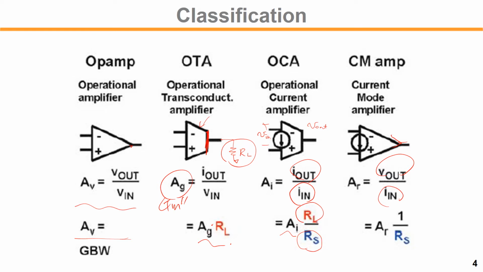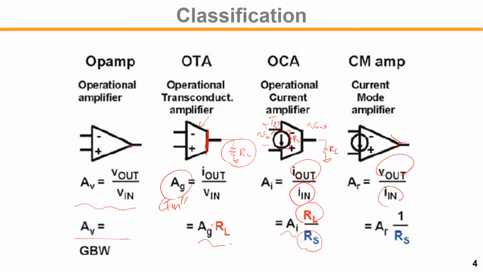To find that, we need the RL condition and also the input RS, load RS resistor, right? So if we know the I in, then we can find the voltage at the input.